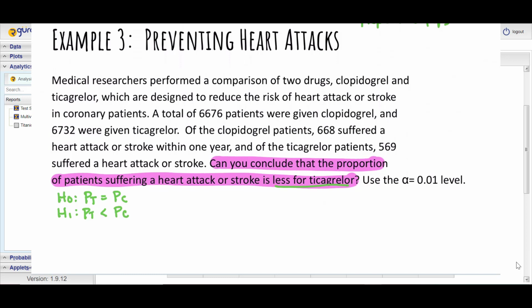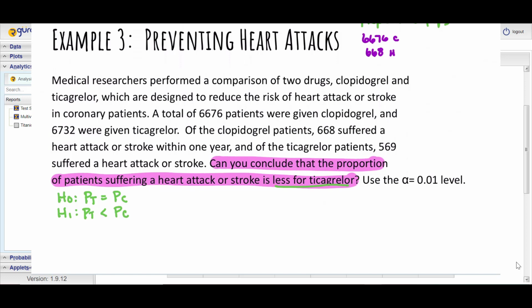All right, so let's write down what we know. We have 6,676 patients given the clopidogrel drug. I'm just going to write C. And of those, 668 suffered heart attacks or strokes.